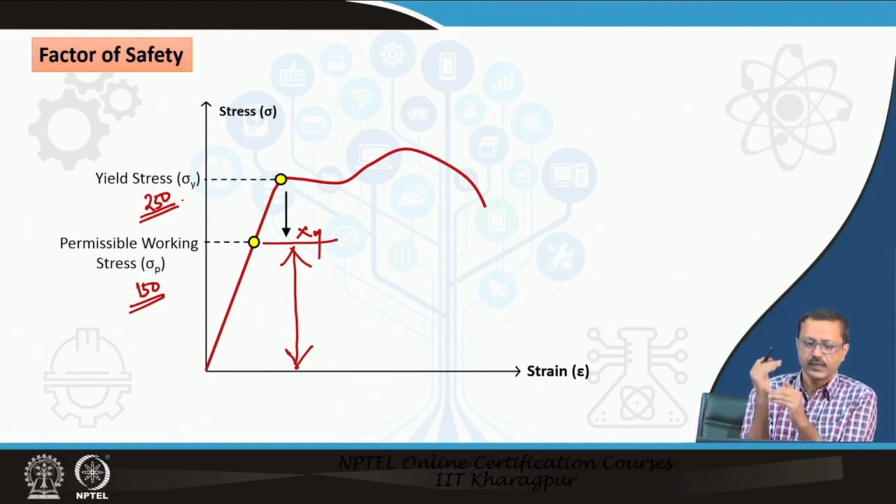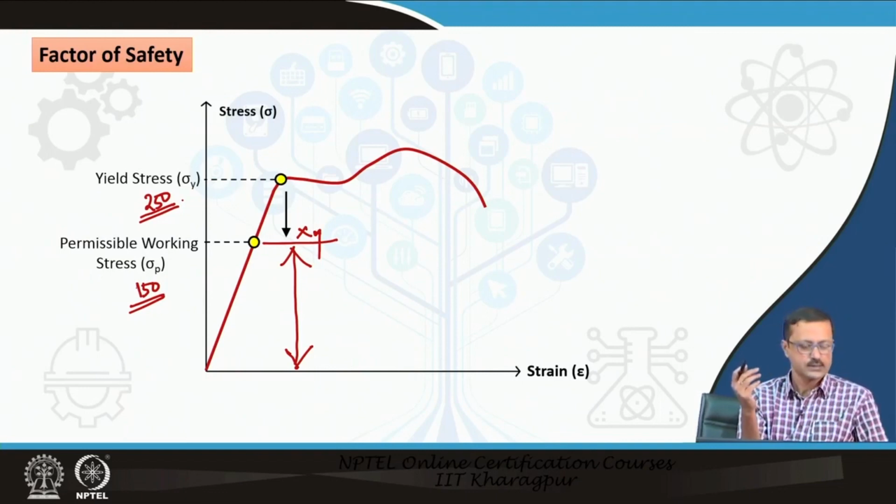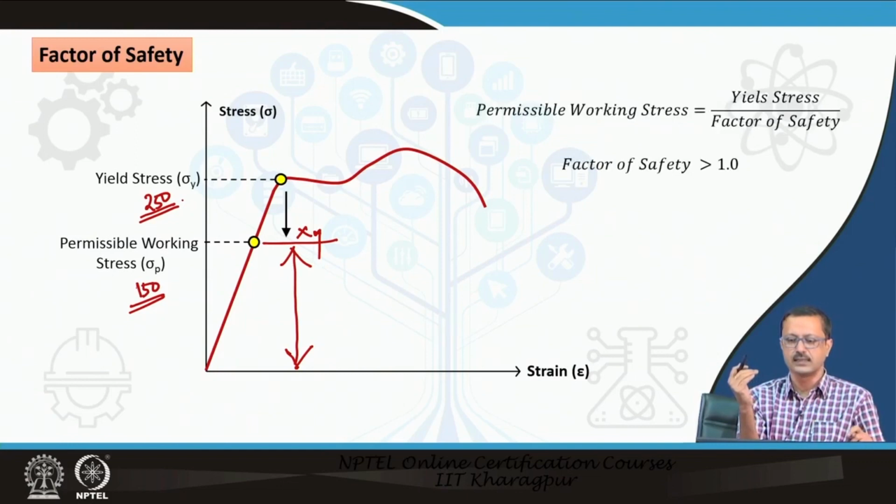So, even if steel or any material has its yield stress, we will have a permissible working stress which is much less than the yield stress, and our design will follow that permissible working stress as the design criterion.